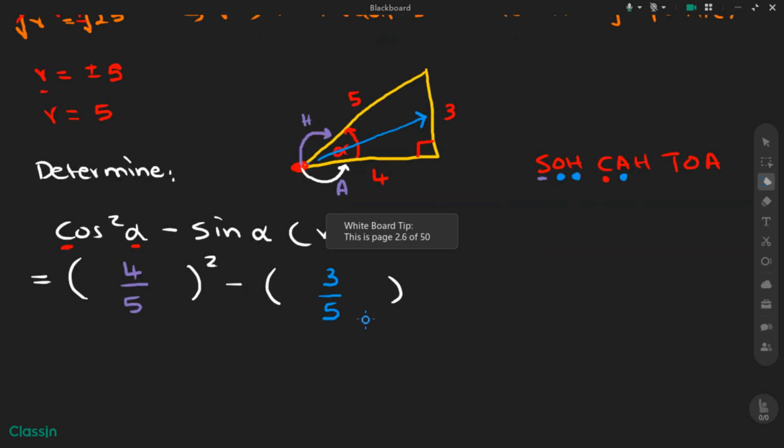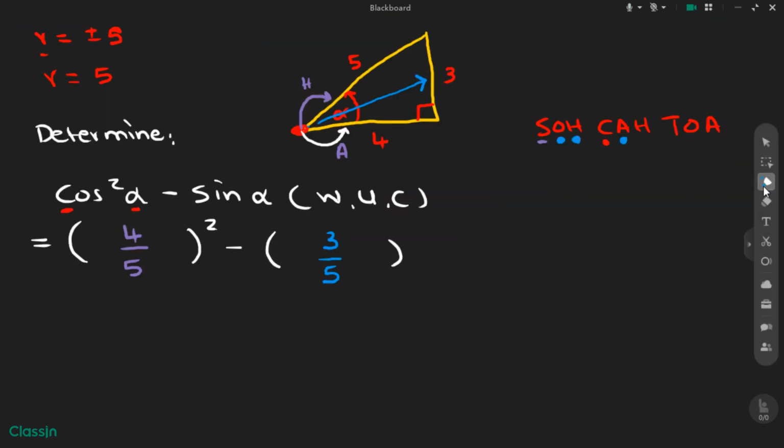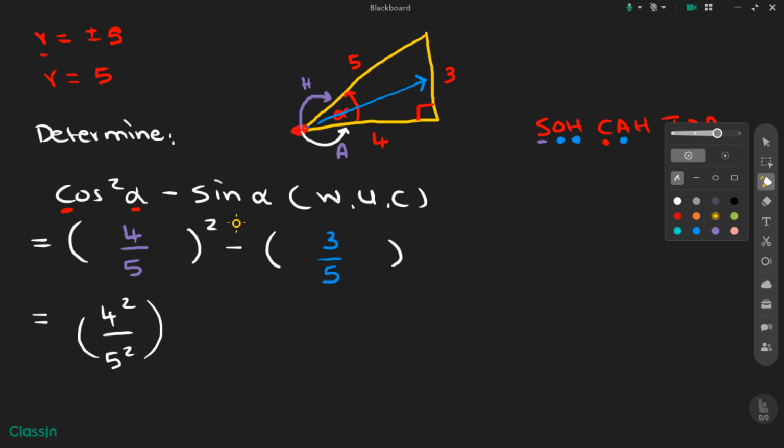Okay? Now, from there, we are arriving at the solution. We have 4 squared over 5 squared. This means the 2 is for the 4 and also the 2 is for the 5, because it is an exponent: 4 exponent 2, 5 exponent 2.